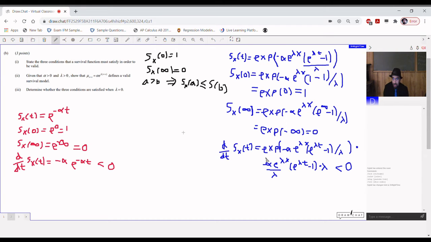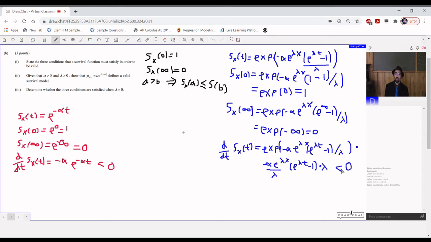So you take the derivative, properties of differentiation, a little bit of chain rule here, and you say, okay, it's going to be all this. This is going to be a positive number here. This is going to be negative here. You multiply them together, you do get something negative. Derivative is negative, therefore the no zombies condition is satisfied.